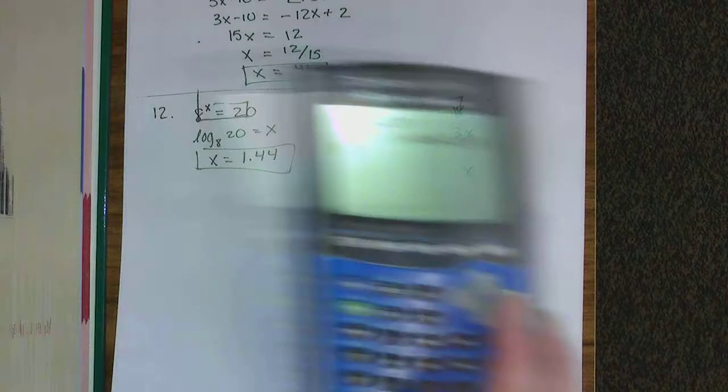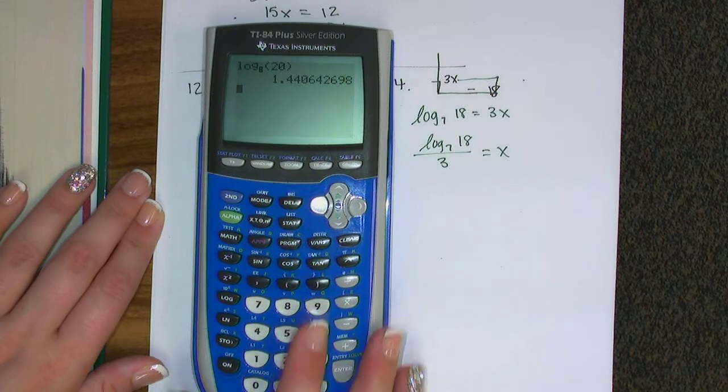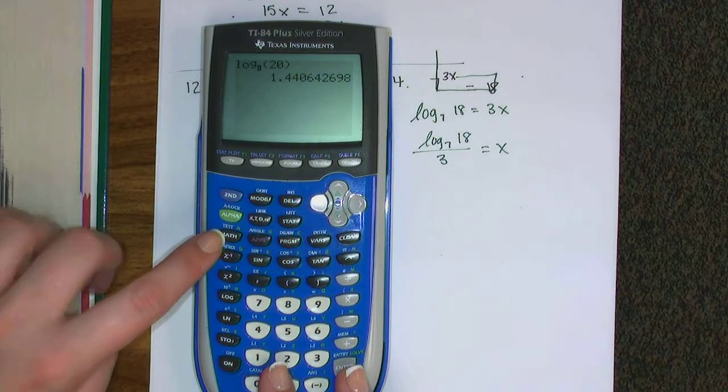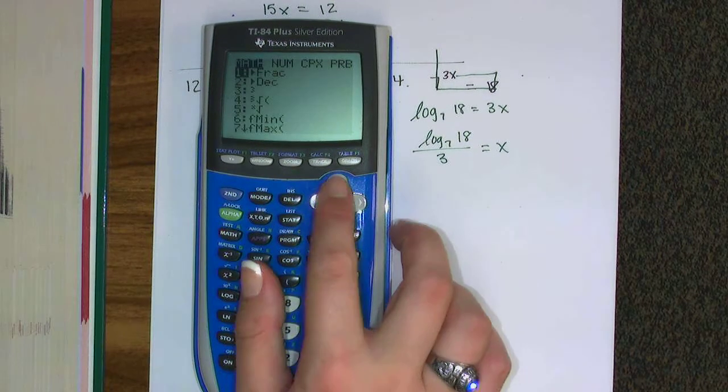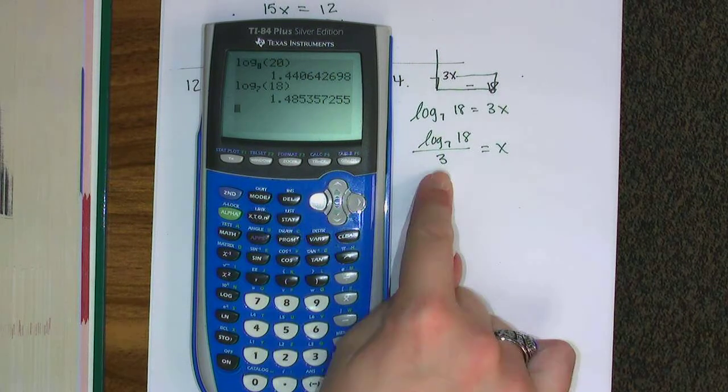So now, over here on the calculator, it might be a little dark, but I'm trying to make sure you can see the problem. I hit math, up to log base, 7 of 18. So that number, but then I need to divide that by 3.